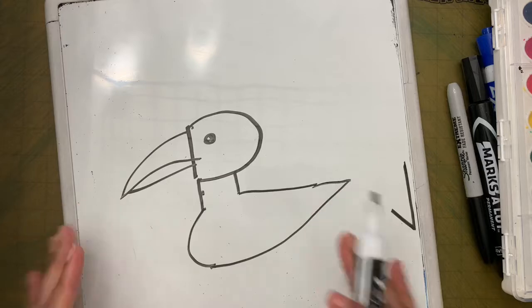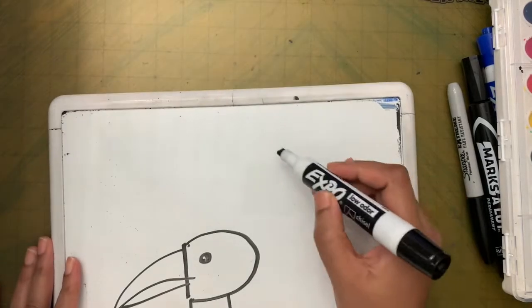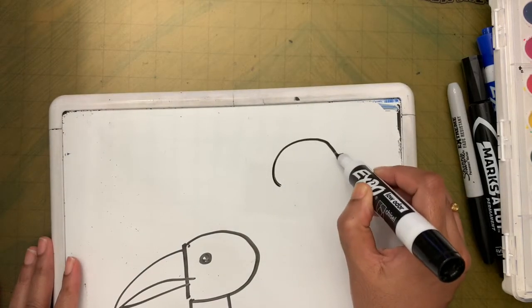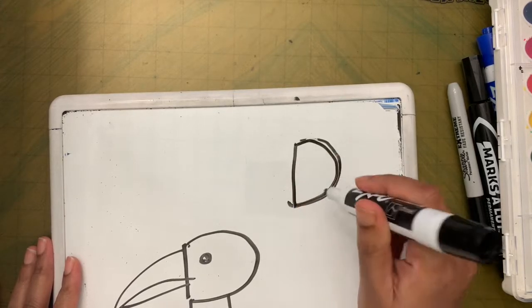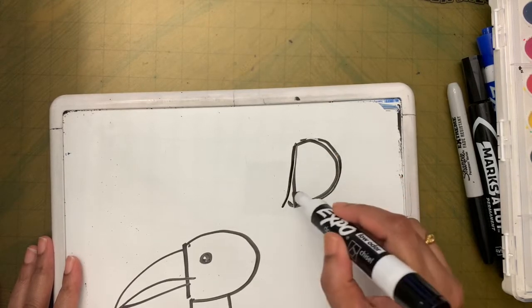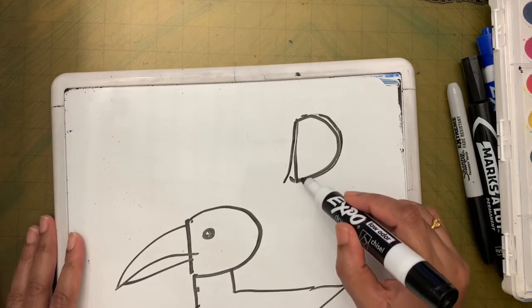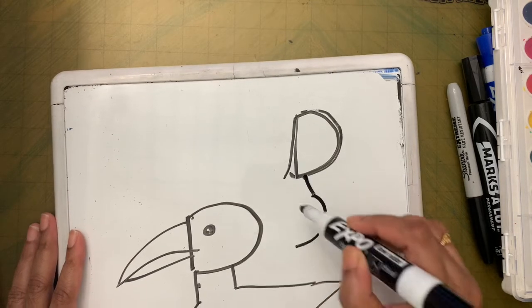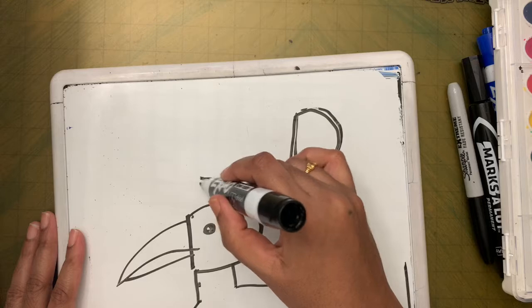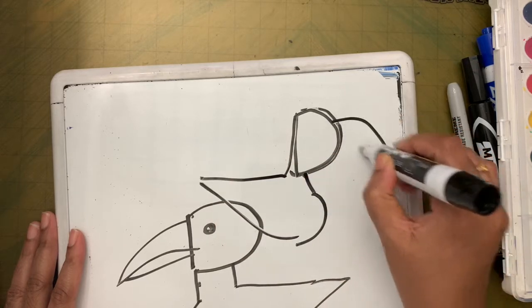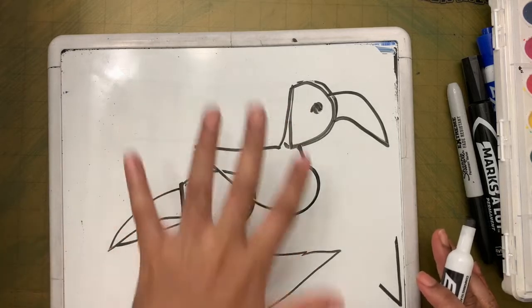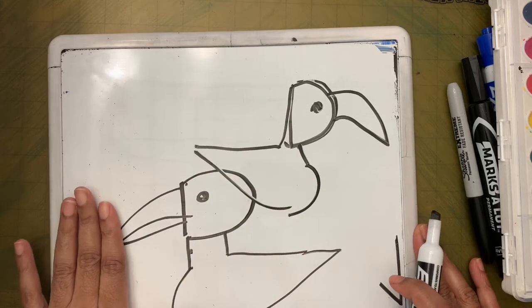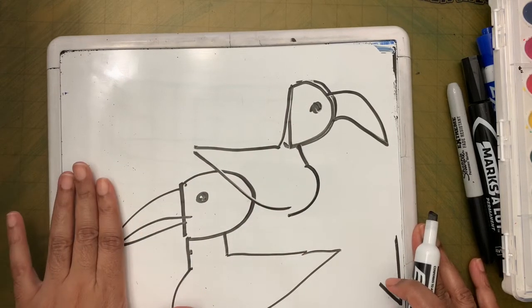This is the same way you can draw a bird here also. All right, so that's two different ways. I showed you three ways you are going to draw the birds.